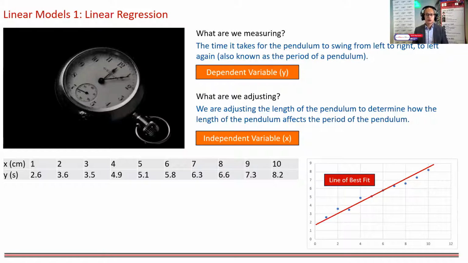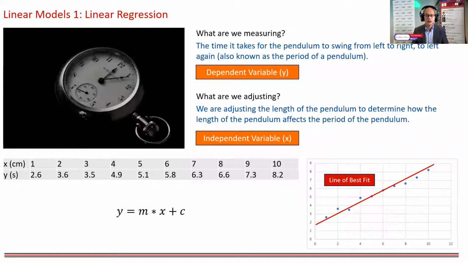So essentially what we were doing was linear regression. So we are actually trying to find out what is the best relationship that we can draw between the length of the pendulum versus the period of the pendulum. And you will recall that we will then derive this line, which is y equals mx plus c. And what we are learning from here is the gradient of the line, which is m, and the y-intercept, which is the value of c. So this is the first base model of machine learning.